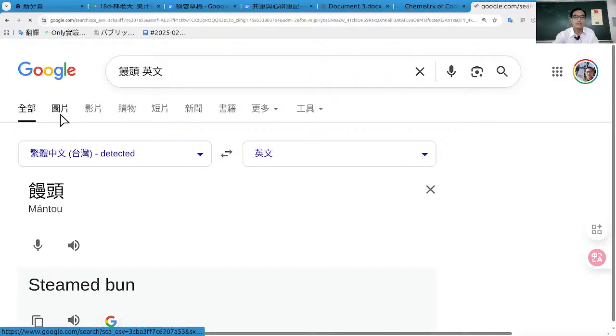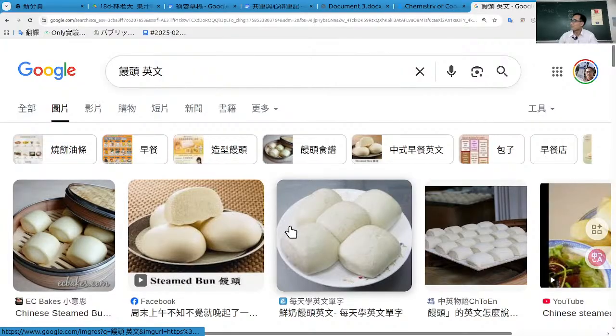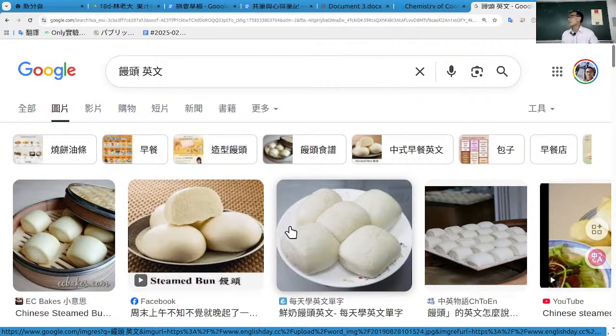Steamed bun is very popular in Taiwan. Look like this, a dough fermented with yeast. But sure, some manufacturers use baking soda. If I have a chance, I want to treat every one of you to at least one steamed bun. I have no idea about your country. Do you eat this kind of stuff?